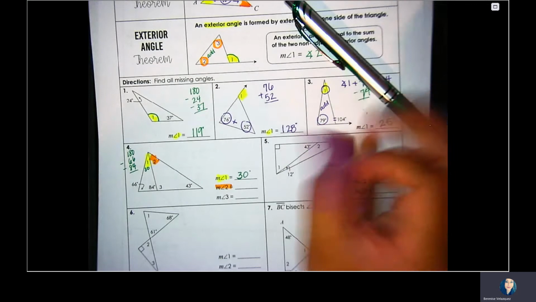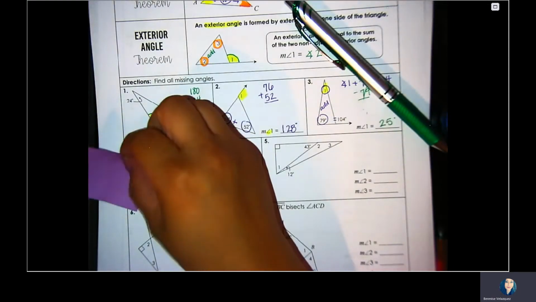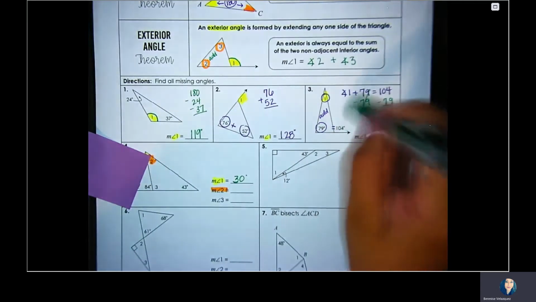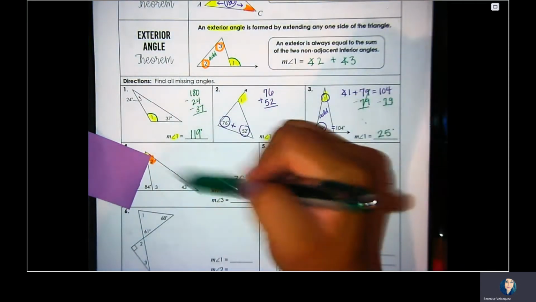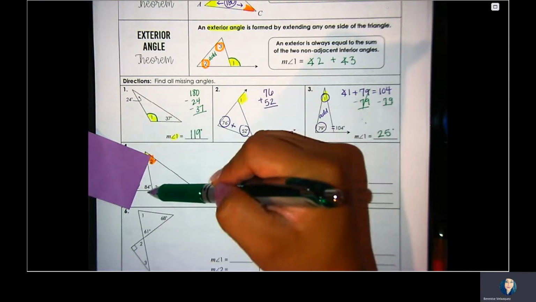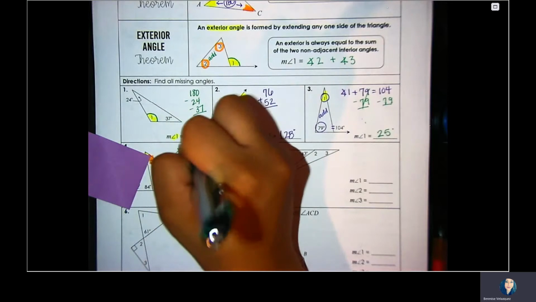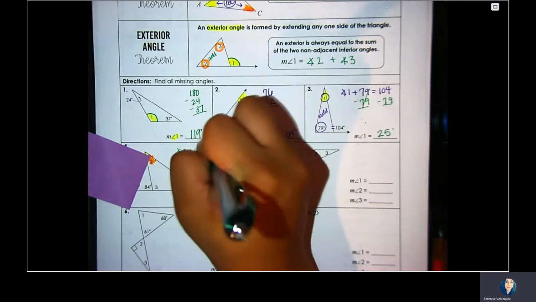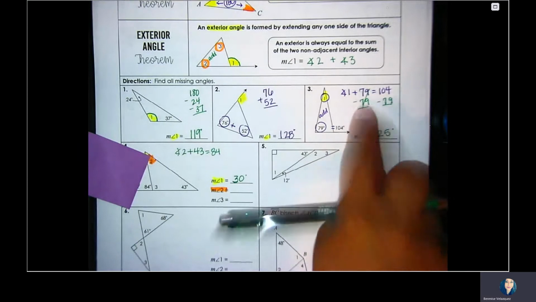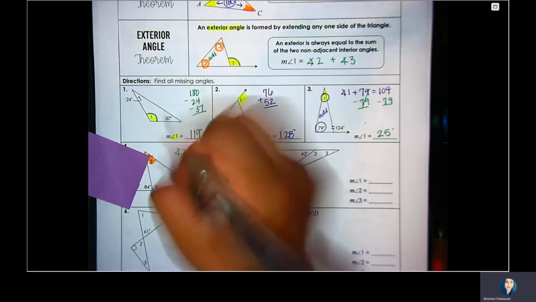Now there's a few ways I can do this, but I'm going to cover this up and see if that helps. This is actually very similar to number 3. I need angle 2. I've been given one of the angles on the inside and an angle on the outside. So here's the setup. Angle 2 plus 43 degrees is equal to 84, because here's my outer angle. Okay, so that's how we did that one. Remember, when you get something like that, you're supposed to subtract.